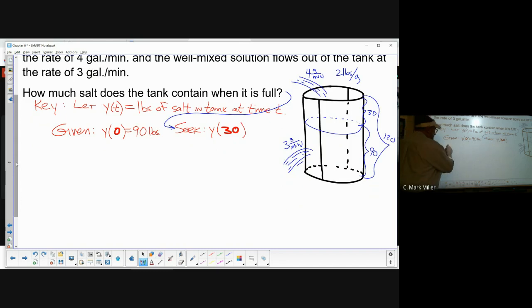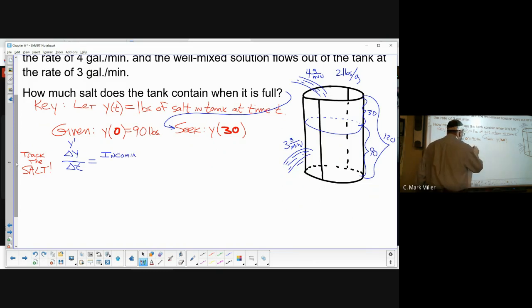So we're going to let the change in y with respect to t, that's y prime, the change in the amount of salt, so we're going to track the salt, equal the incoming salt minus the outgoing salt.